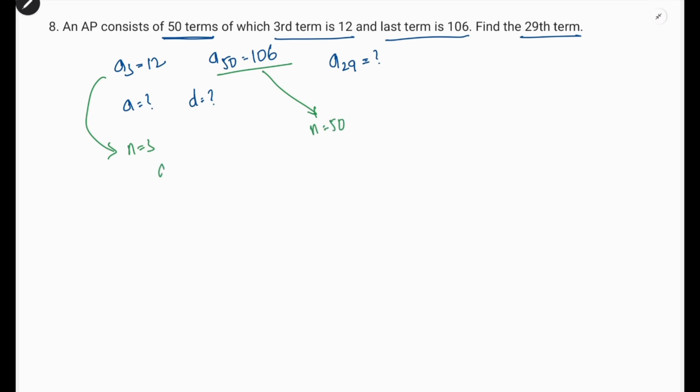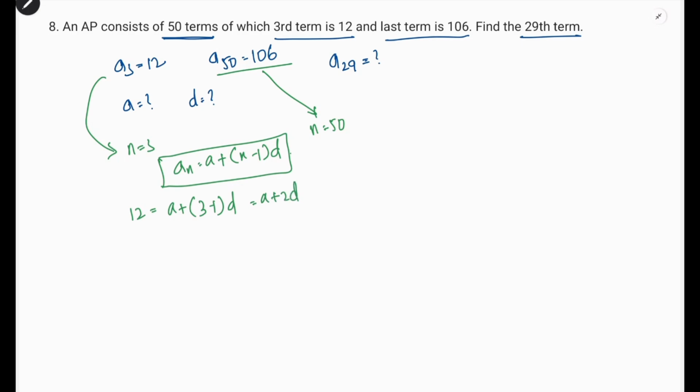We'll substitute the values in the equation an is equal to a plus n minus 1 into d. Here the third term is a plus n minus 1 into d. It is a plus 2d is equal to 12, and the 50th term 106 is equal to a plus n minus 1 into d. It is a plus 49d is equal to 106.